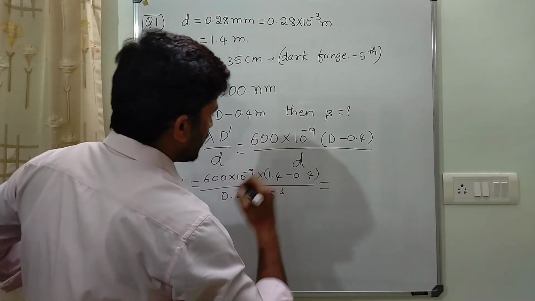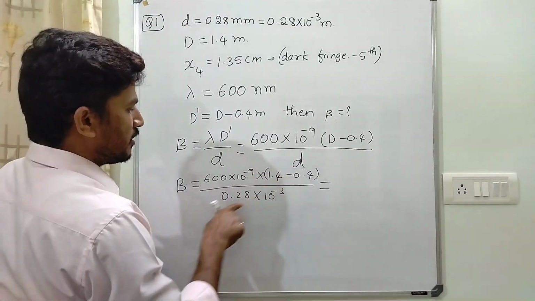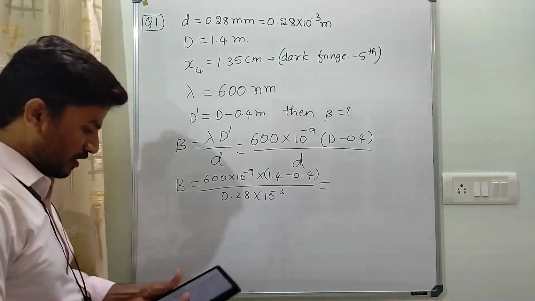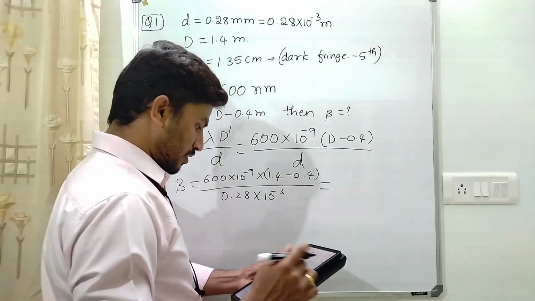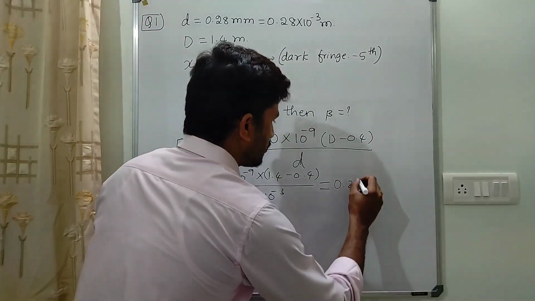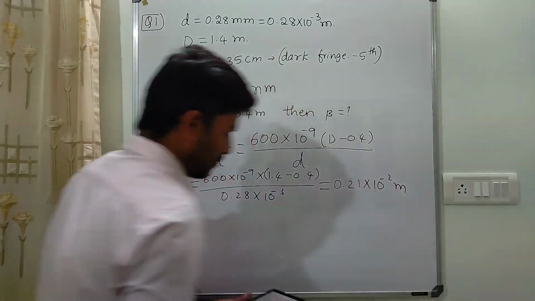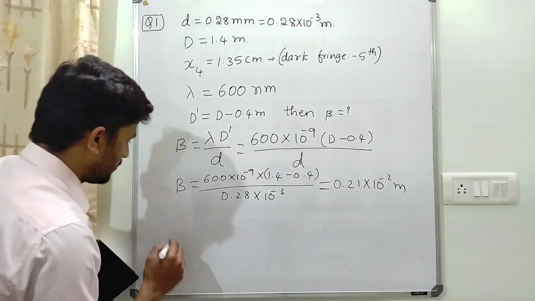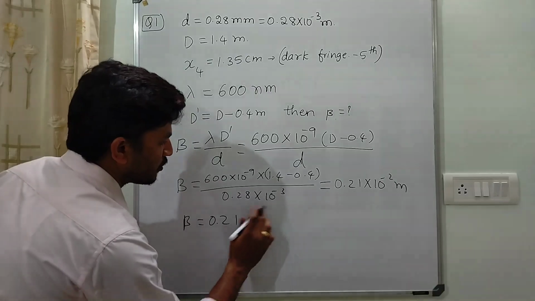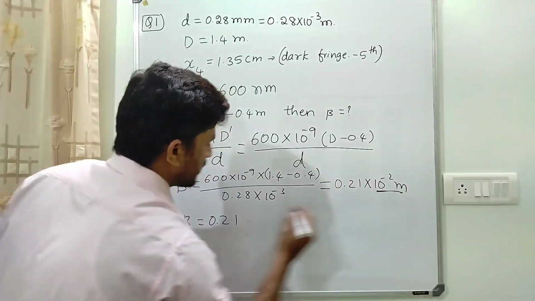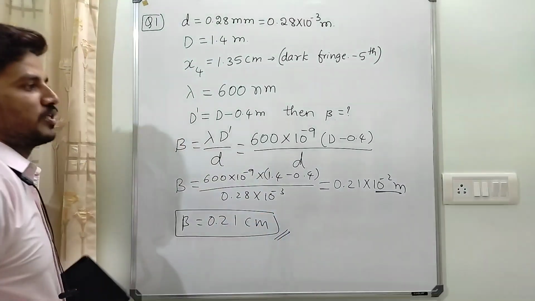So if you solve this, beta value will be 600 into 1 divided by 0.28, somewhere around 0.21 into 10 to the power minus 2 meter, which means 0.21 centimeter. Okay, so this is the fringe width value.